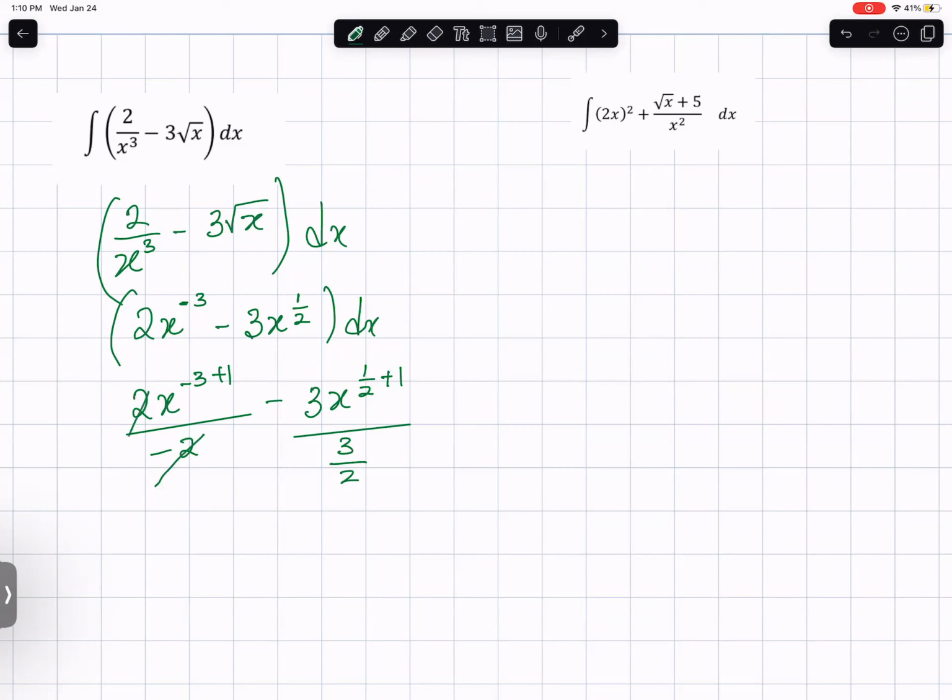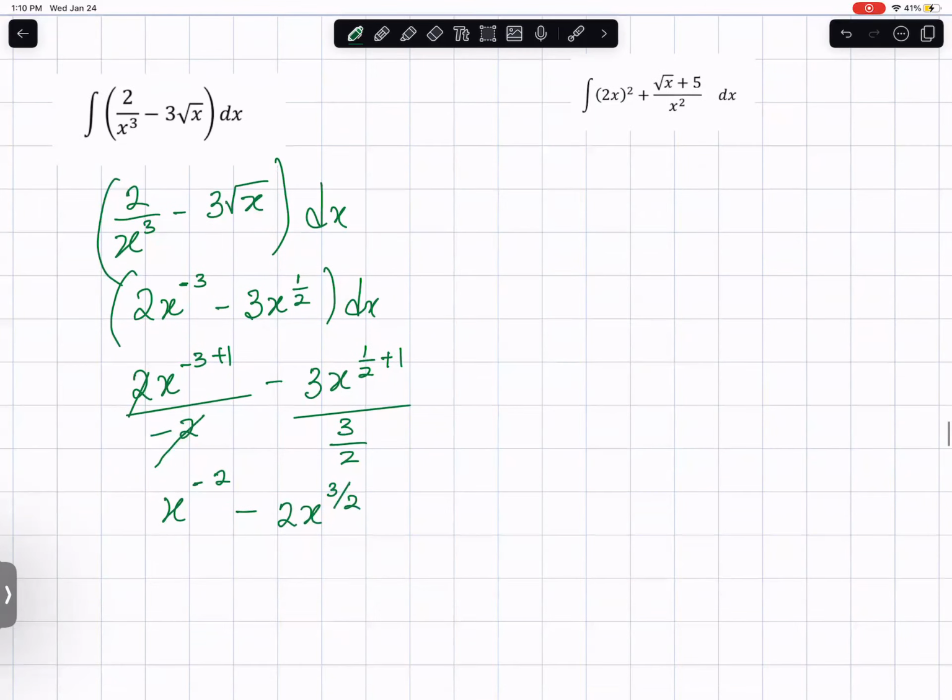Here 3 cancels out, I have x to the minus 2, minus 3 divided by 3 over 2 will give us 2. That's 2x raised to the power of 3 over 2. So this can also be written as 1 over x squared minus 2x to the power of 3 over 2.